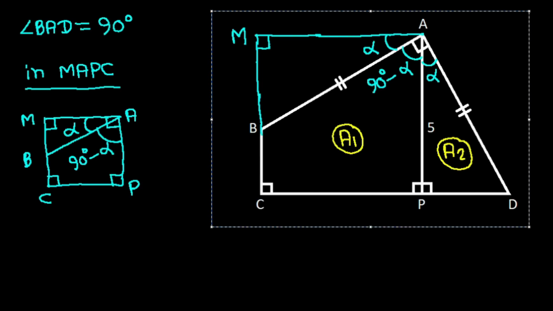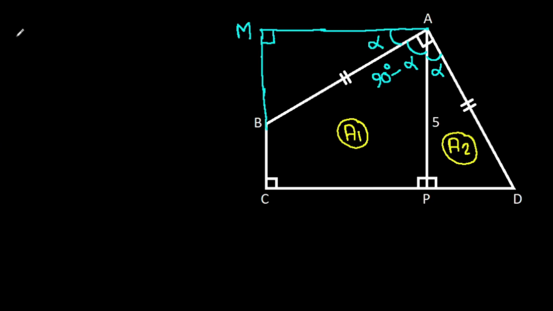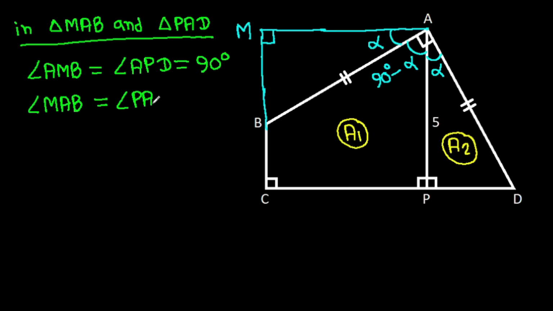and now in triangle MAB and triangle PAD, we have angle AMB is equal to angle APD, that is 90 degrees, and angle MAB is equal to angle PAD, that is alpha, and AB is equal to AD.